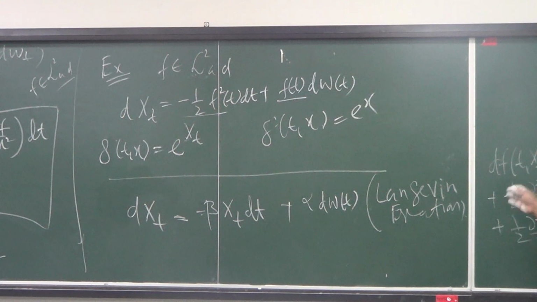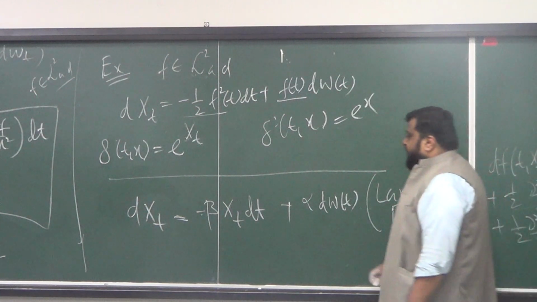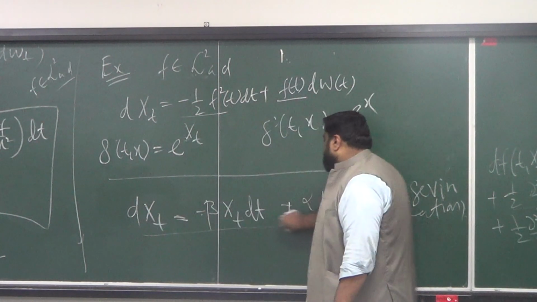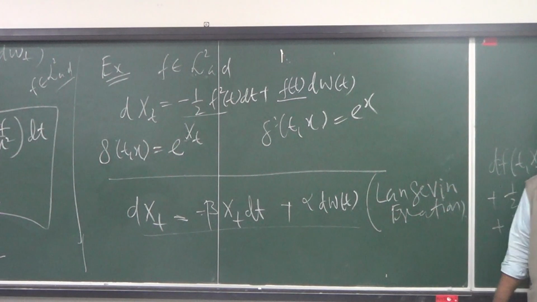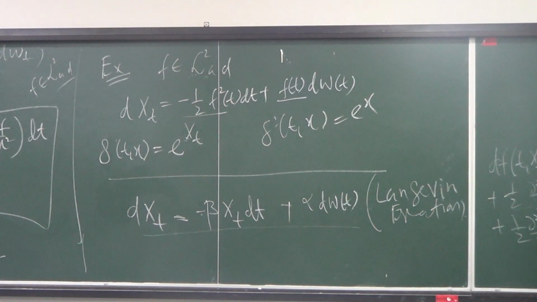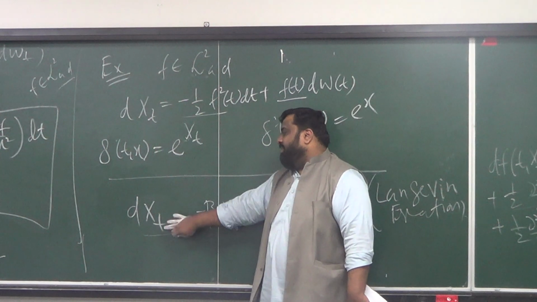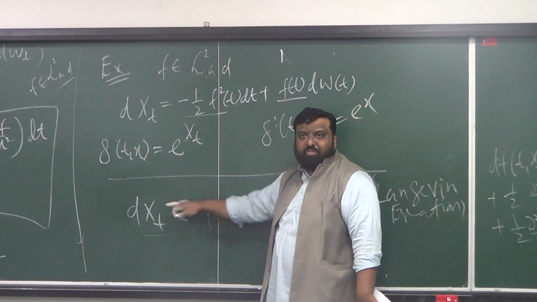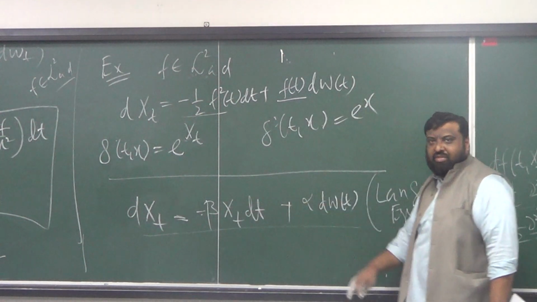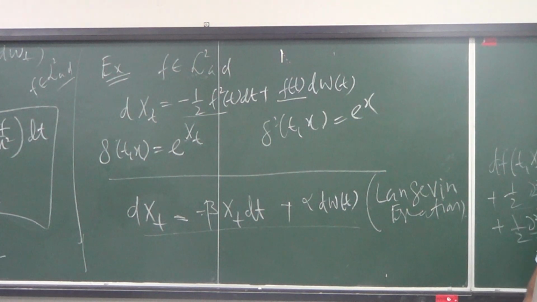What you have to do is just solve this equation. And this is a linear equation actually. Why linear? Because it is a linear stochastic differential equation. If the differential equation depends on the first power of the process, we call it a linear differential equation. There isn't anything that creates trouble.